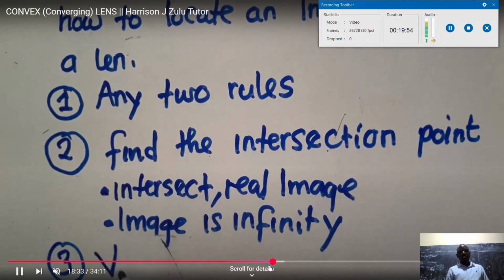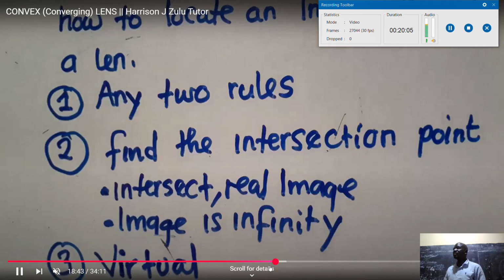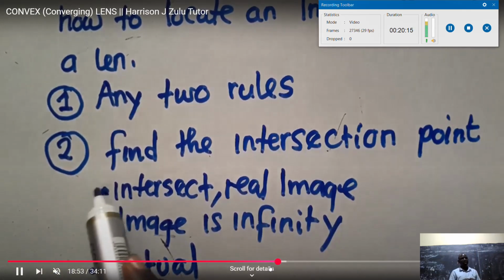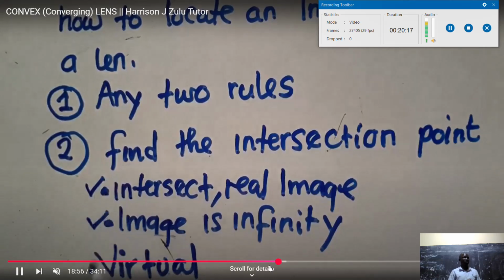But here we're saying that the image is at infinity. This means that something is formed at a very far distance from the lens. We shall look at some situations where you realize that these refracted rays are not meeting near, they will be meeting very far.